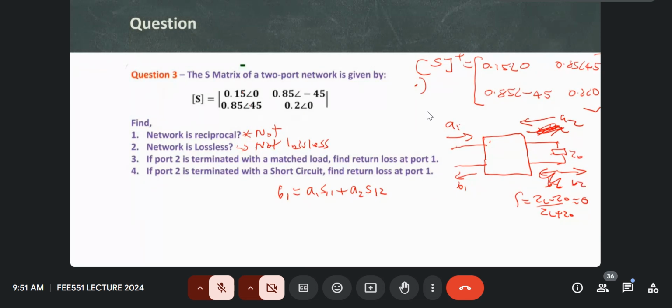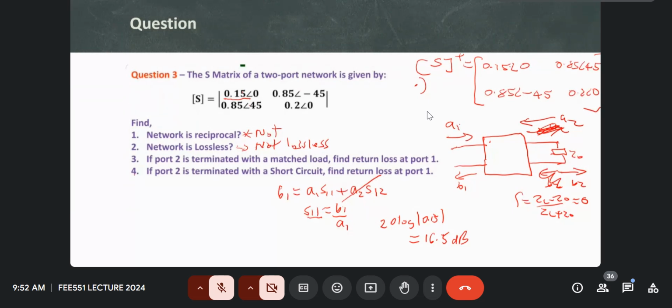We can see quite clearly there is no reflection, so we'll have A2 equal to 0. So to get the return loss at port 1, which is S11, it will be B1 over A1, which is basically S11. And then you should do 20 log 0.15 to get the return loss in dB. Someone could do that. 20 log 0.15. 16.5. Yes, 16.5 dB. Thank you, Tony.